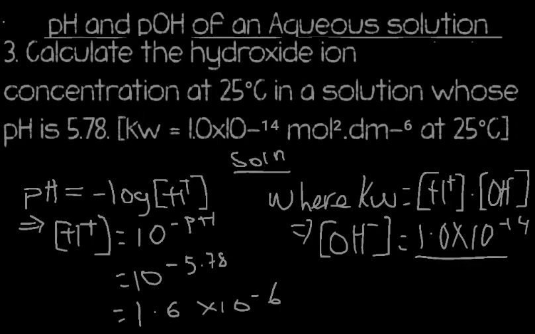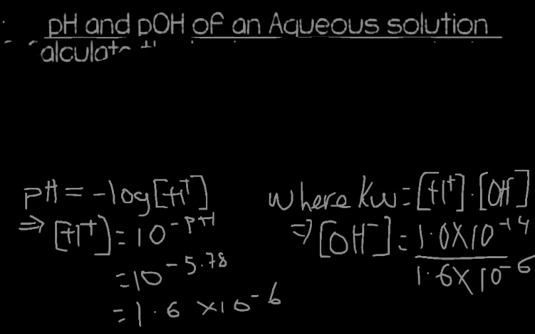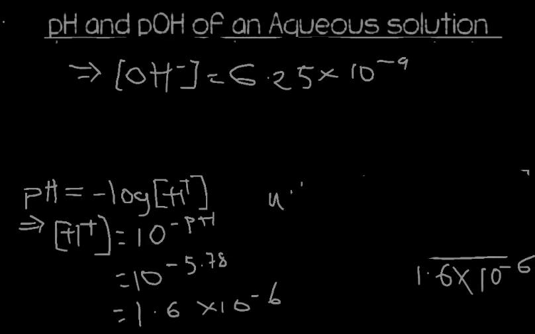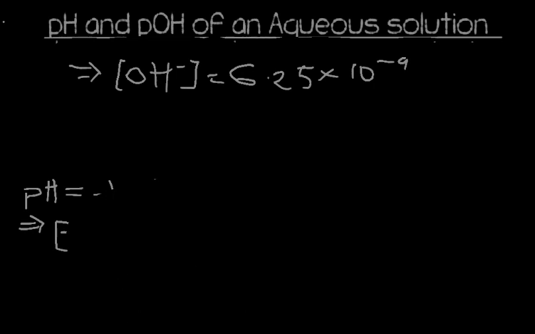So putting the values there, 1.0 times 10 raised to the power minus 14, all over 1.6 times 10 raised to the power minus 6. So our answer is 6.25 times 10 raised to the power minus 9. That's our answer. Let's move on to another question.